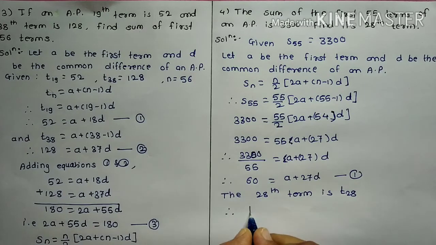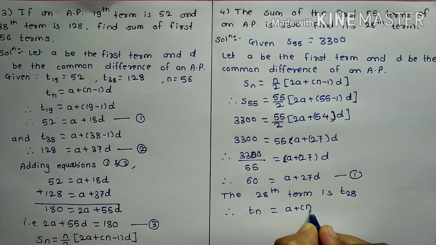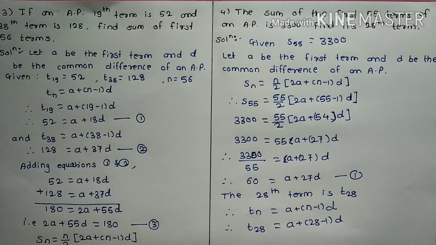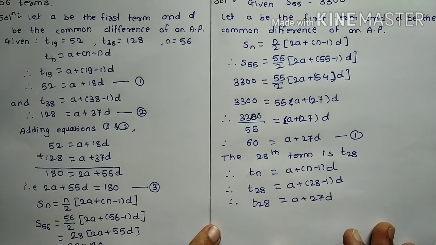We know the formula for Tn is A plus n minus 1 into D. Therefore T28 is A plus 28 minus 1 into D. Therefore T28 equals A plus 27 into D, and we have the value of A plus 27D.